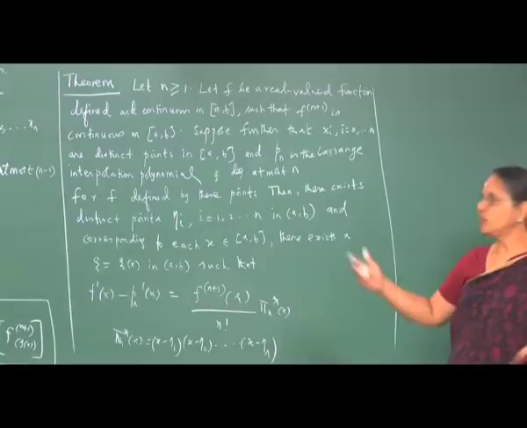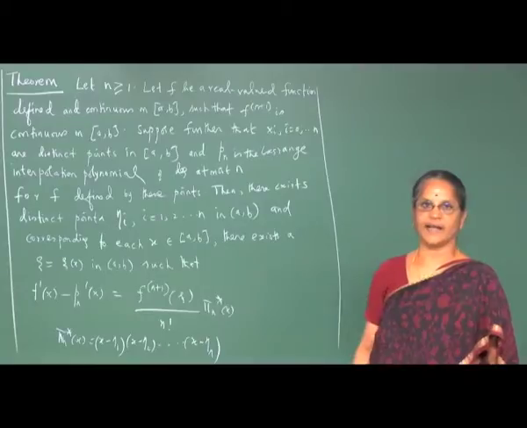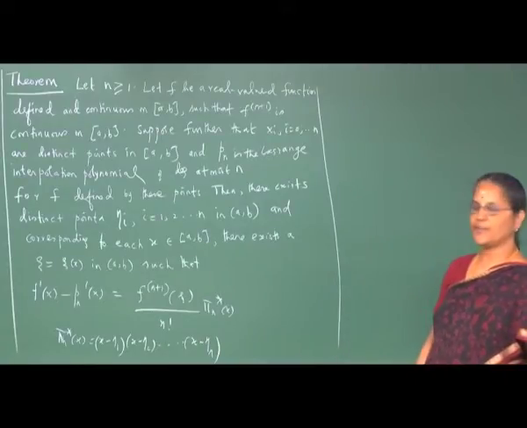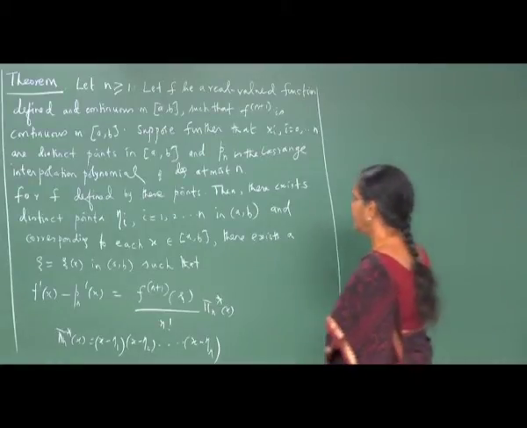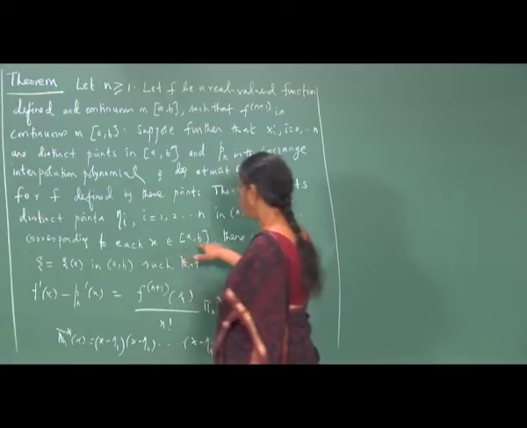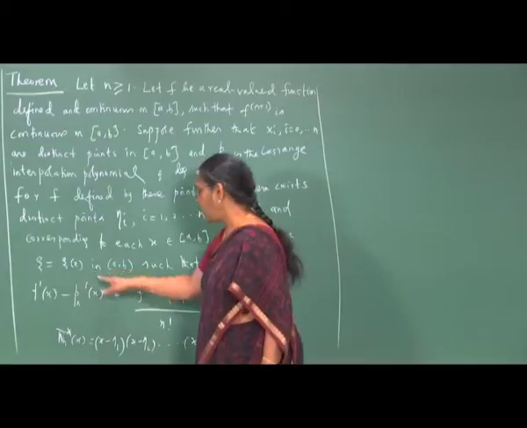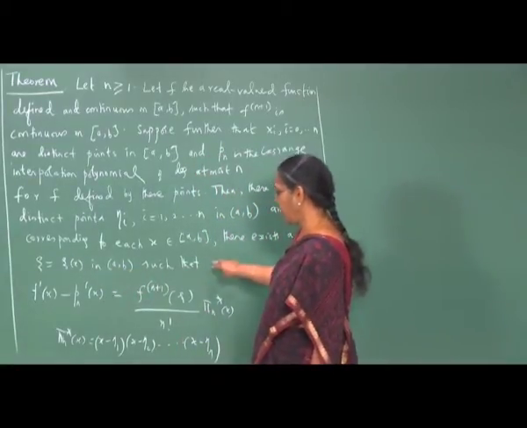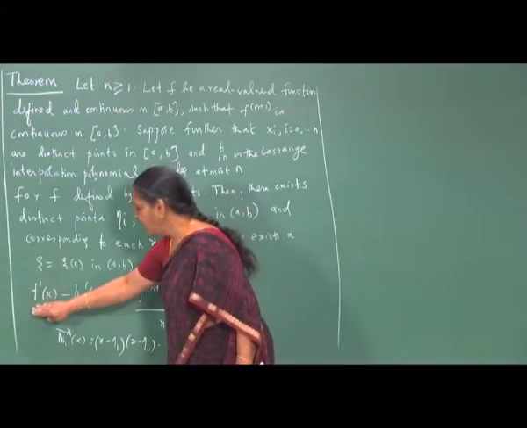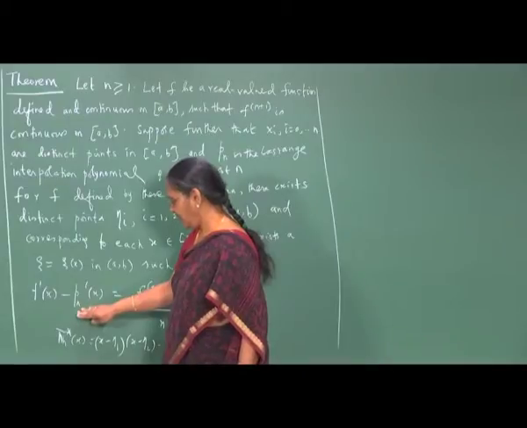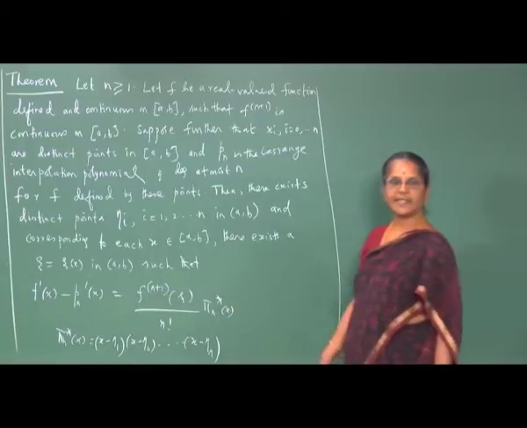So, while showing the result, you should be able to get what these points eta i are. You should show the existence of these points eta i, and in addition the result says corresponding to each x in this closed interval [a, b], there will be a psi depending on x in the open interval (a, b) such that the error in the approximation of the derivative of f by the derivative of the Lagrange interpolation polynomial is given by the expression on the right hand side.